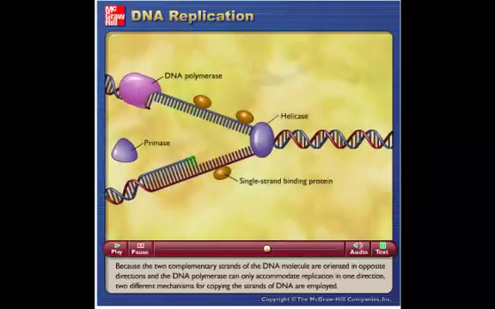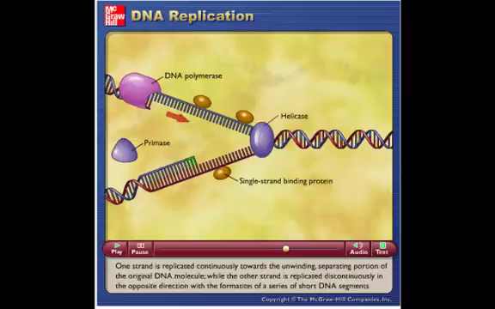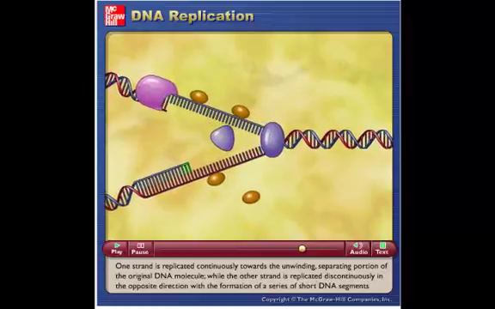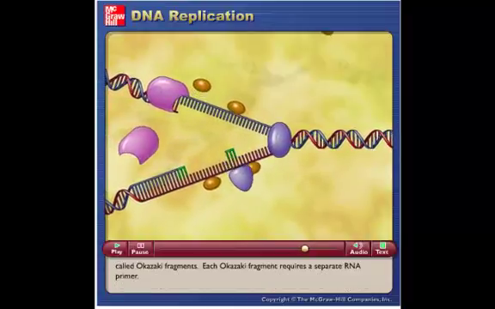Because the 2 complementary strands of the DNA molecule are oriented in opposite directions and the DNA polymerase can only accommodate replication in one direction, 2 different mechanisms for copying the strands of DNA are employed. One strand is replicated continuously toward the unwinding, separating portion of the original DNA molecule, while the other strand is replicated discontinuously in the opposite direction with the formation of a series of short DNA segments called Okazaki fragments.